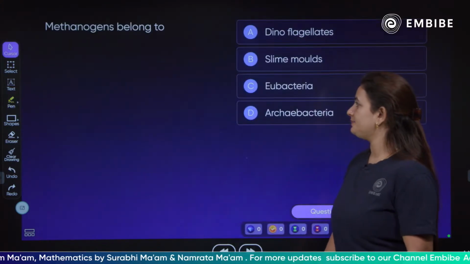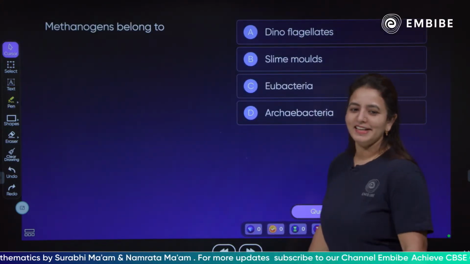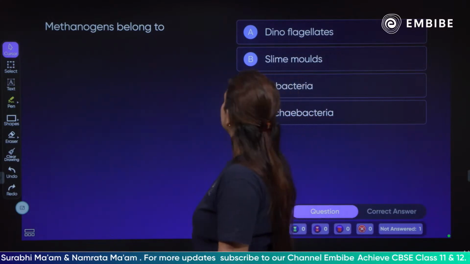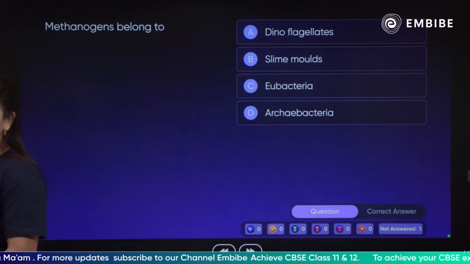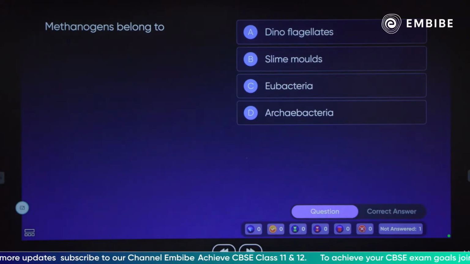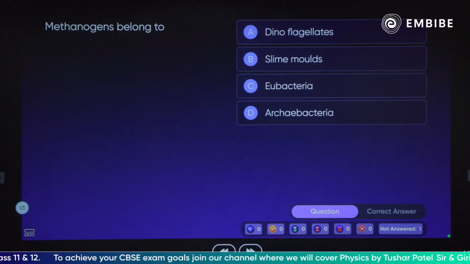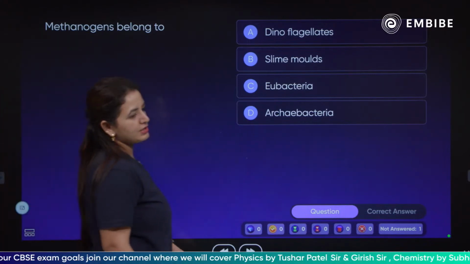Next comes the question. So children, Methanogens belong to which part? Which part do the Methanogens belong to?